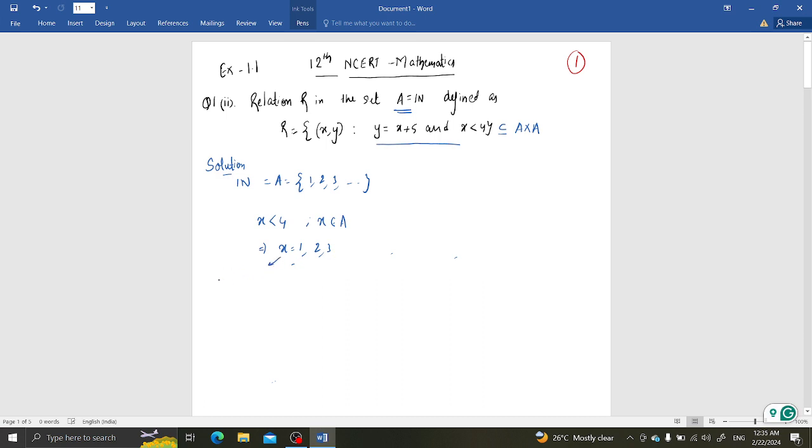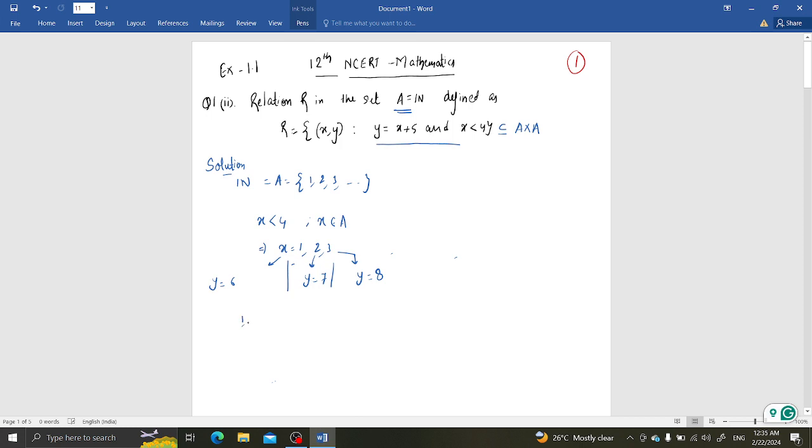If x equals 1, then the value of y will be 6. If x is 2, then y is 7. If x is 3, y is 8.